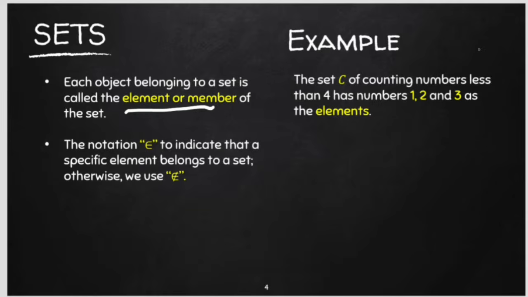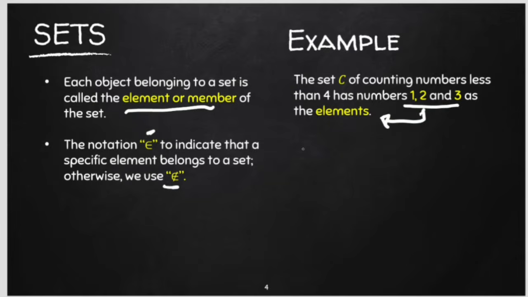So here we have the example. The set C of counting numbers less than 4 has numbers 1, 2, 3 as elements. So these are the elements. The notation ∈ indicates that a specific element belongs to a set. Otherwise, we put a slash, not an element.